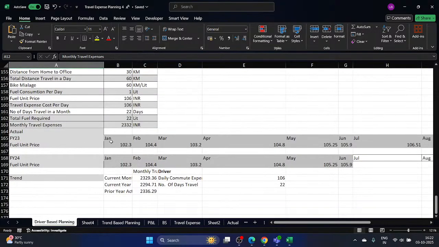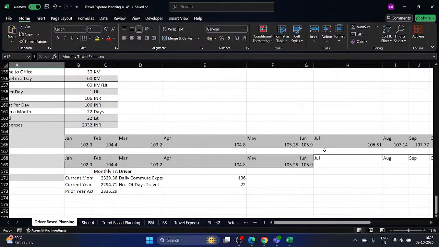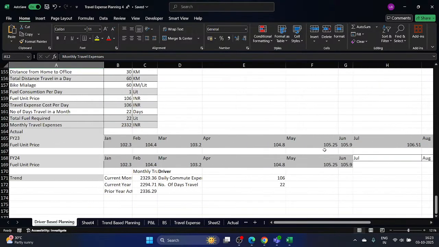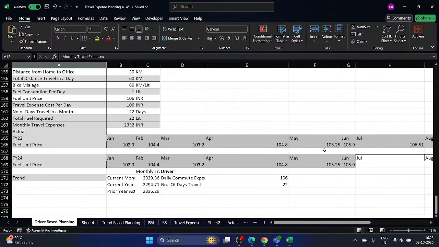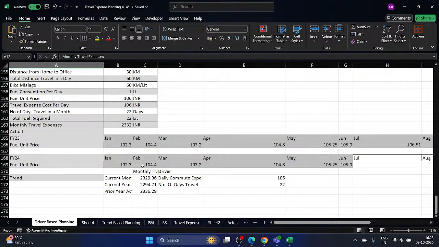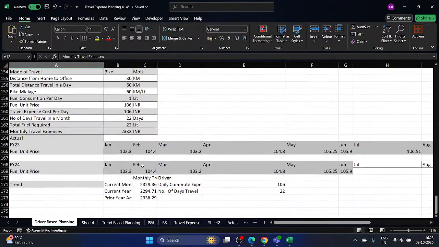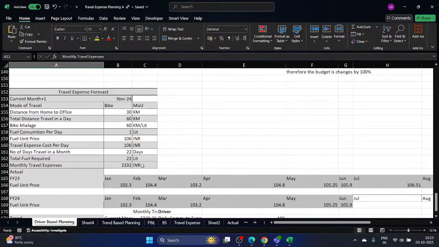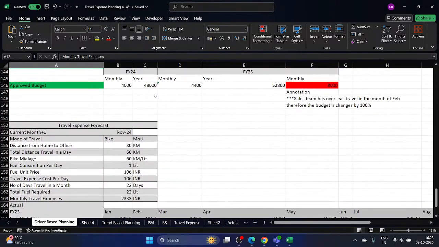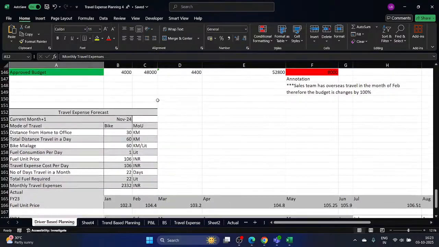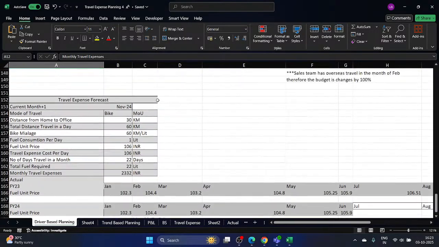Here we could say the fuel unit price is 102 in this month, 104. So there is some inflation and deflation that comes in the fuel unit price. According to it, the same thing affects the monthly travel expense planning.